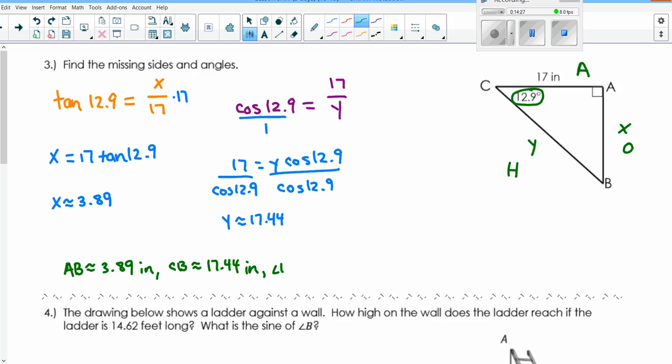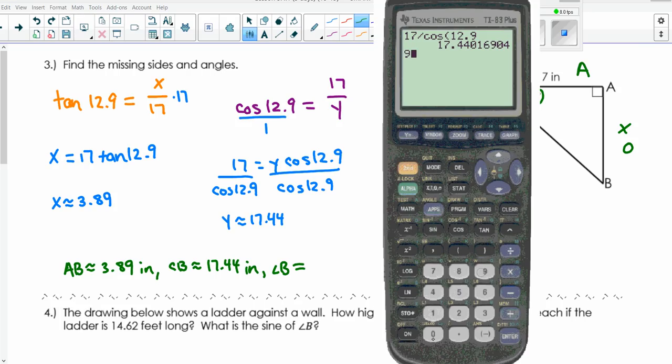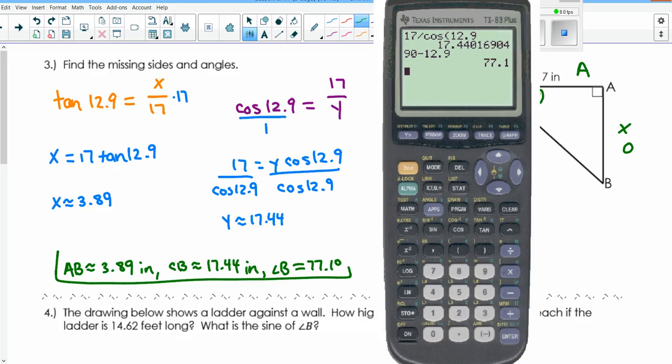And lastly, I have that angle B equals 90 minus 12.9, so 77.1 degrees. Okay, and those were all the unknowns.